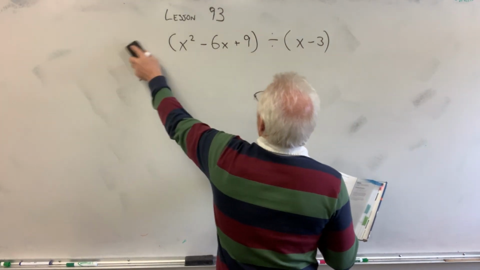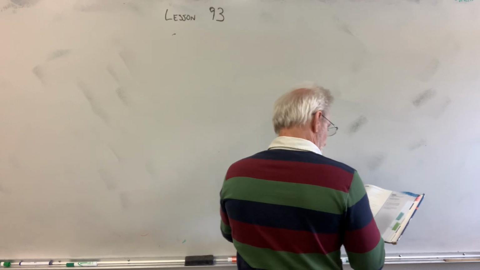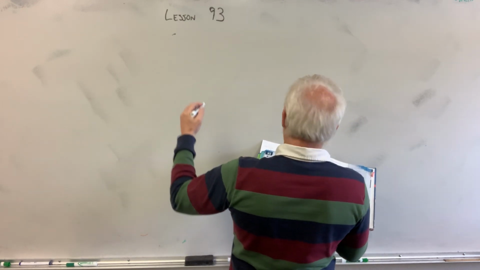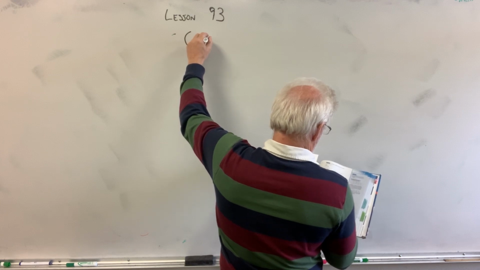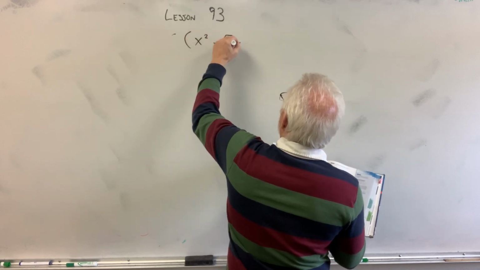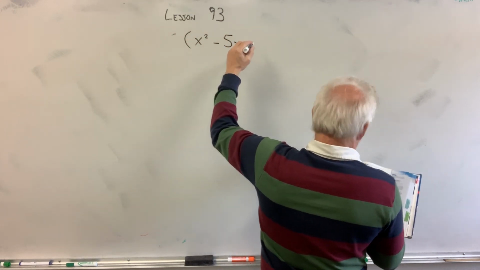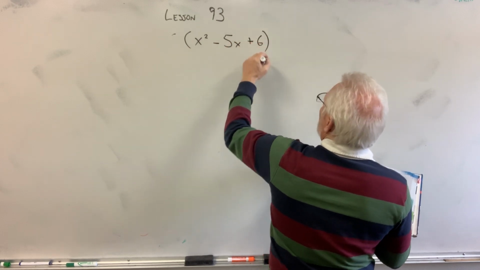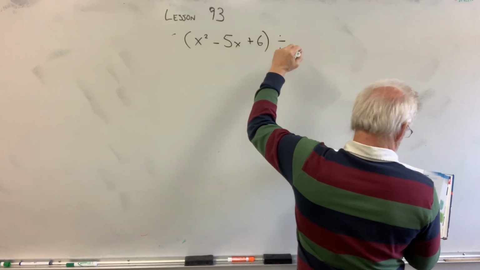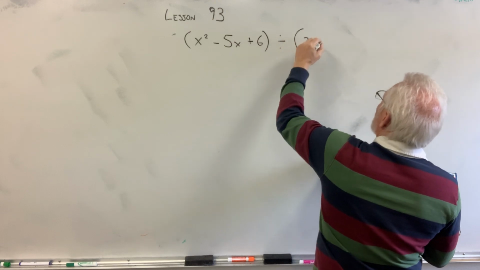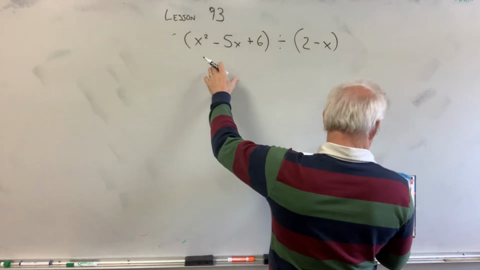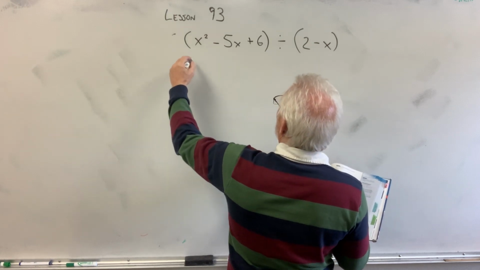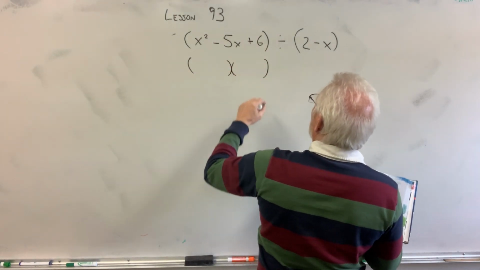Let's look at example B before I give you one to work on your own. Example B, we got x squared, make sure I copy this right, minus 5x plus 6 divided by 2 minus x. Once again, first thing we're going to do over here is factor this thing out.